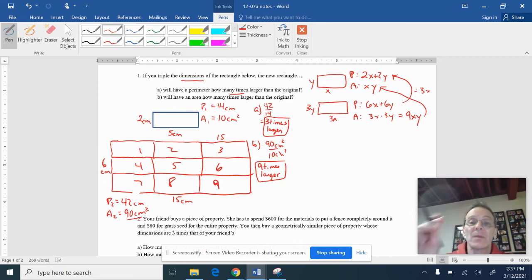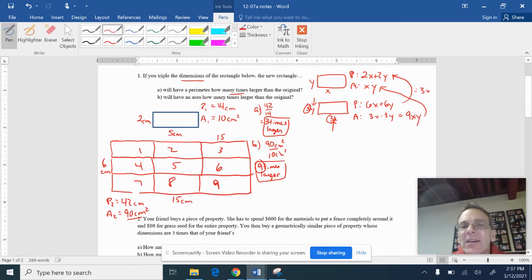Okay? So here's the other approach. We could have predicted this answer of a 9 right from the beginning, without drawing, without picturing. We could have predicted that 9. Because we multiplied one dimension by 3, and we multiplied the other dimension by 3.